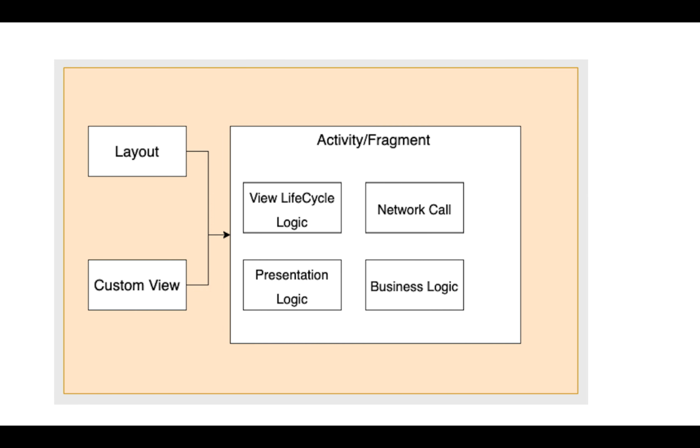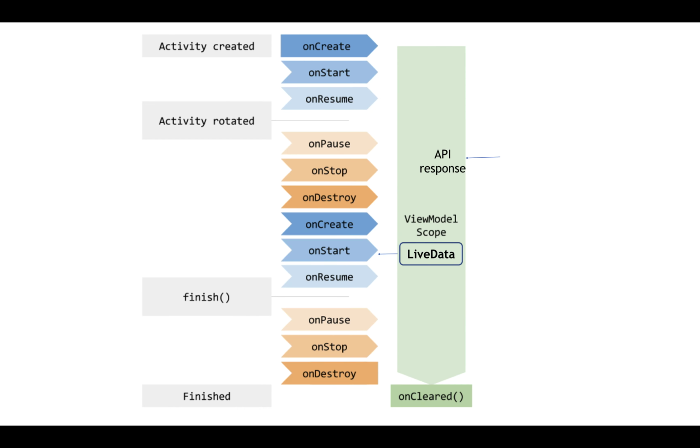Then Android came up with architecture components, which include ViewModel. A ViewModel scope takes care of the life cycle. That means the ViewModel scope persists from activity creation till the activity is finished, or actually destroyed.